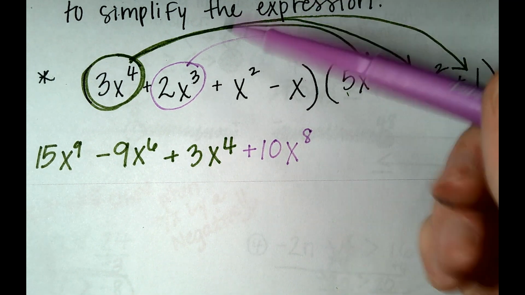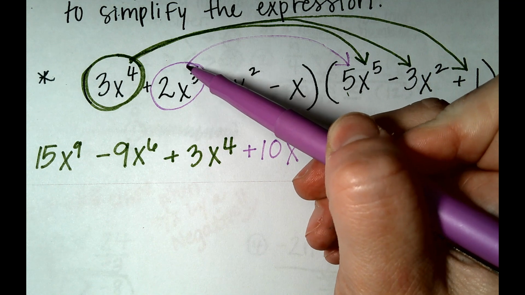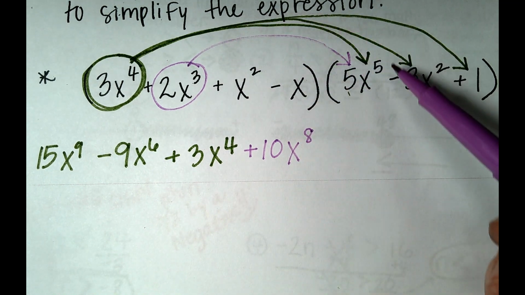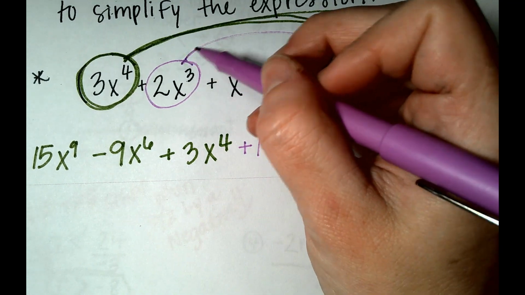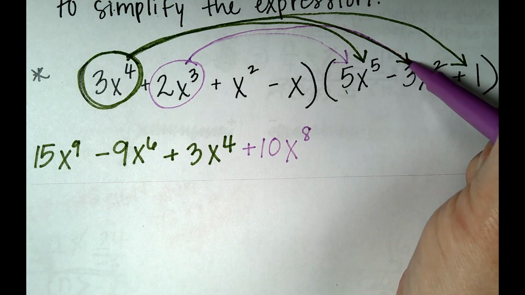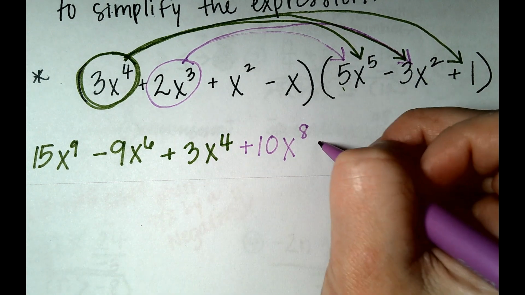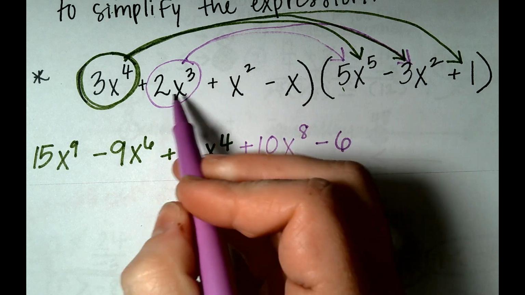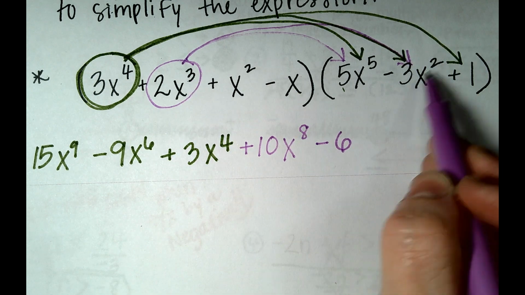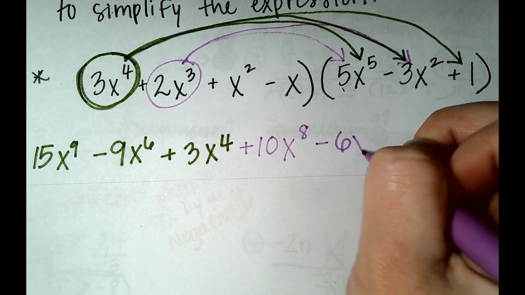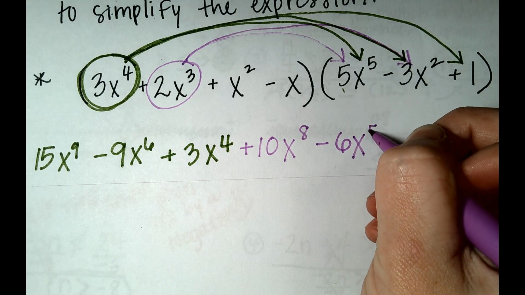Okay, now we're going to stay with our 2x to the third, but we're going to multiply it to the next thing in line. 6x squared minus. So 2 times negative 3, negative 6. X to the third times x to the second, x to the fifth.